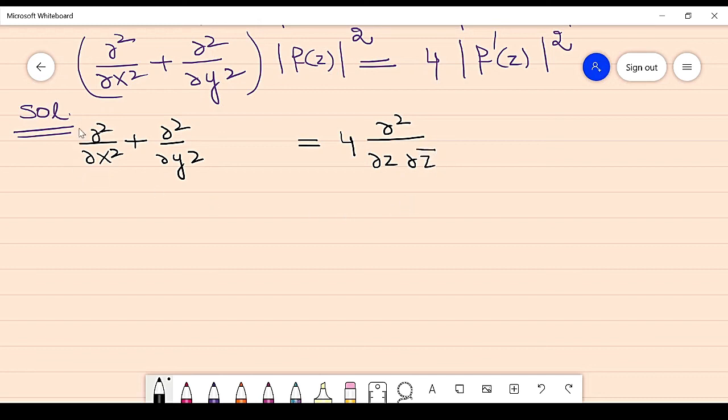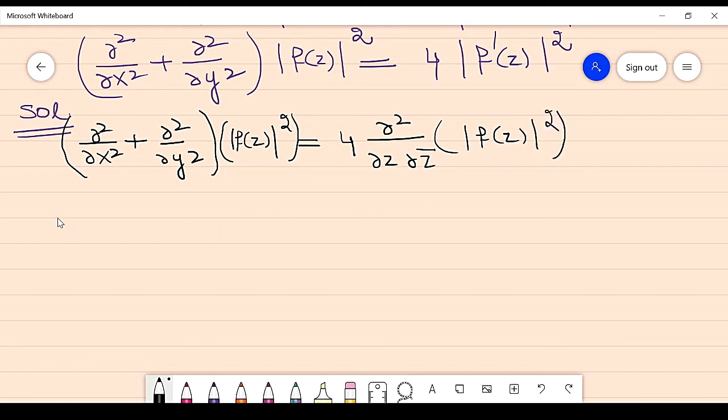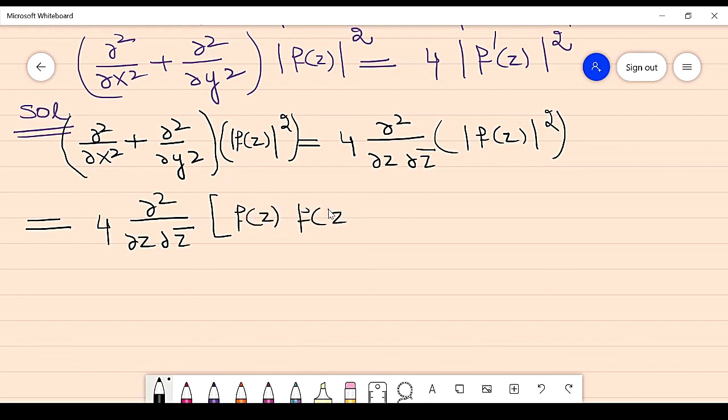Now here I write the absolute value of f z whole square, and this value will become 4 times del square by del z del z conjugate of f of z into f of z conjugate.